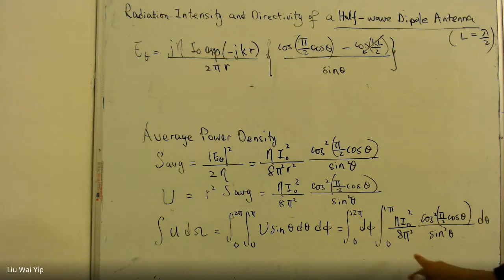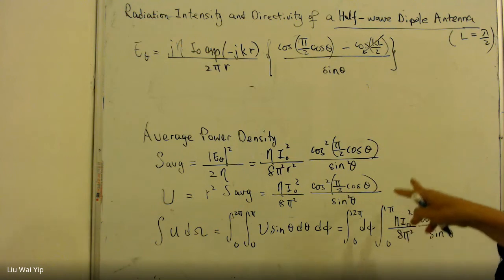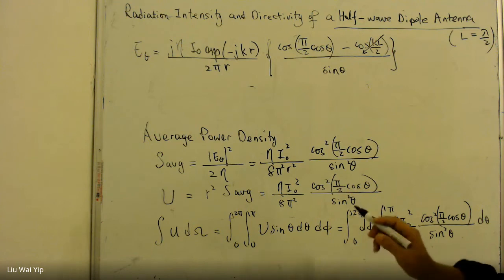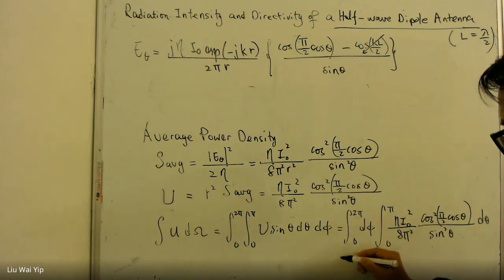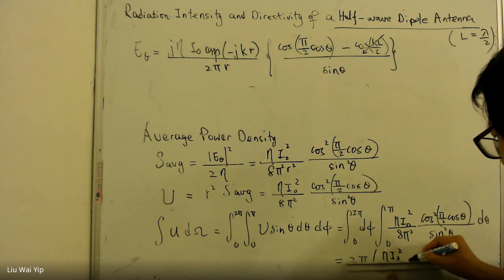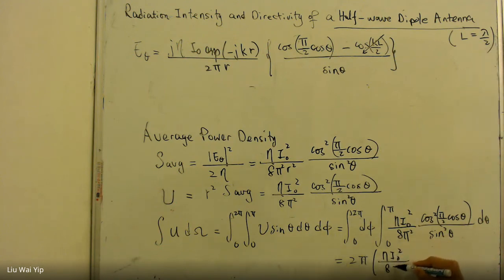Fortunately, you don't have to go through a lot of calculation. Somebody has already done this for us. So what we have left here, if you do it very carefully, is this one becomes 2 pi, and this one we can just copy across, and 8 pi square. And how about this one? Somebody has already done the calculation for this integral.